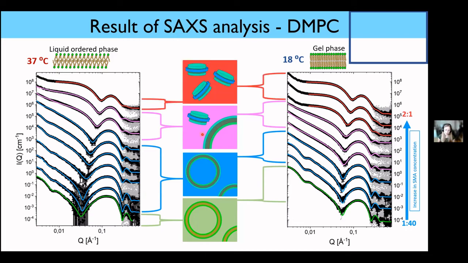And then finally, we have the solubilized nanodiscs, where we again see that for DMPC at 18 degrees, the finally solubilized nanodisc alone appears at lower concentrations of SMA compared to at 37 degrees.